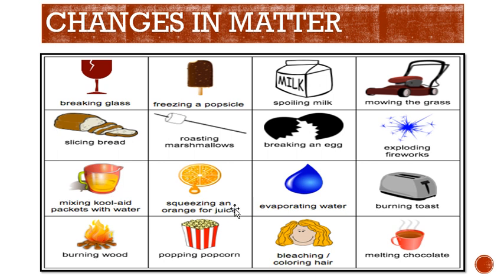Squeezing an orange for juice, still a physical change. Evaporating water, from liquid to gas, but the composition does not change. Okay? And then burning toast and bleaching or coloring hair and all.